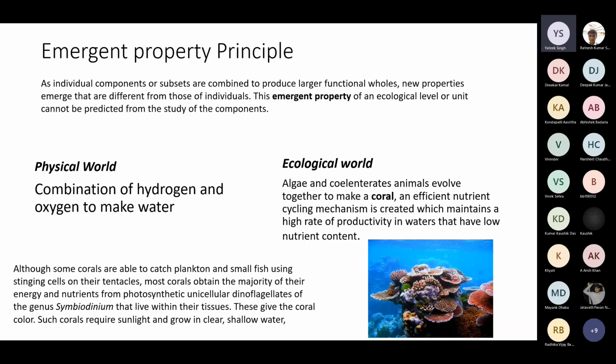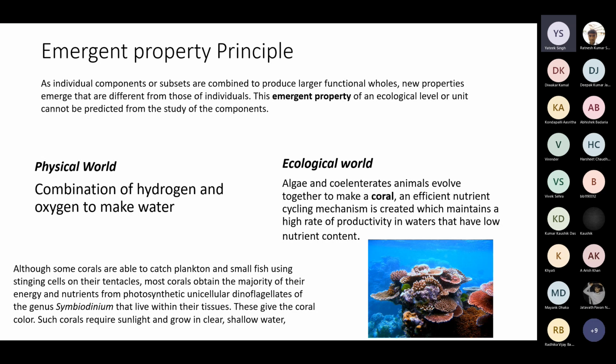This organic matter is then consumed by the polyps, which secrete calcium carbonate outside, and this calcium carbonate gets deposited. There are different types of photosynthetic algae, which is why the color also varies. So to understand the emergent property principle, this is a very good example: the property of a coral is very different from that of either algae or coelenterates.